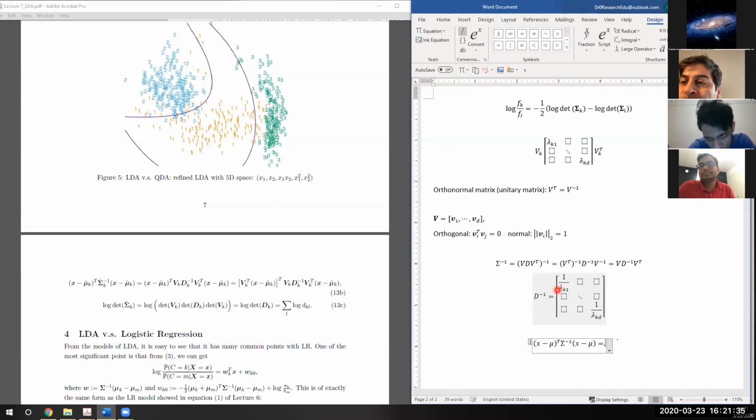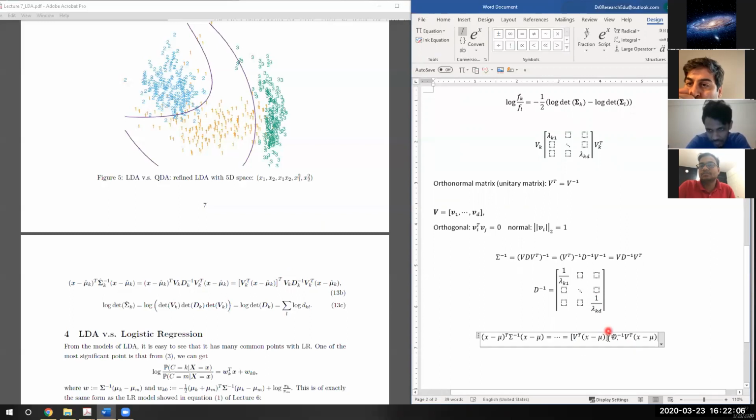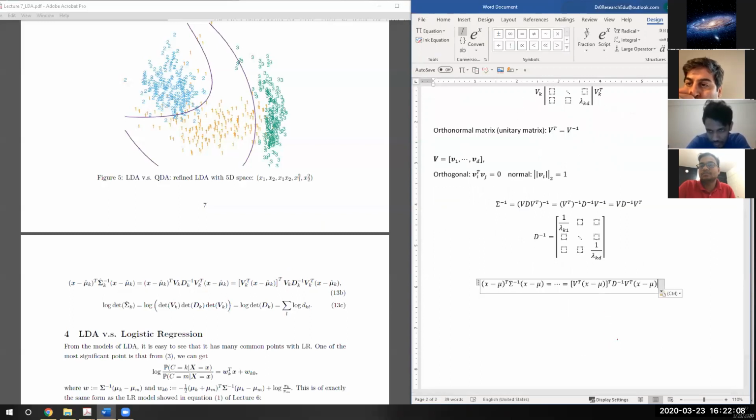This equals V transpose (x minus mu), this transpose, and D inverse times this. This time I'm smarter. I know how to copy and paste. This V again is redundant. Then I should have this, right?